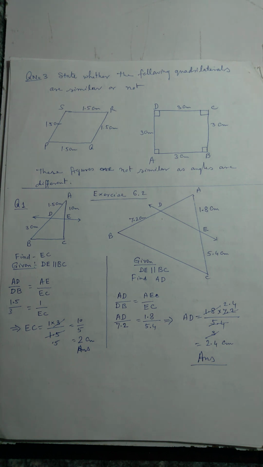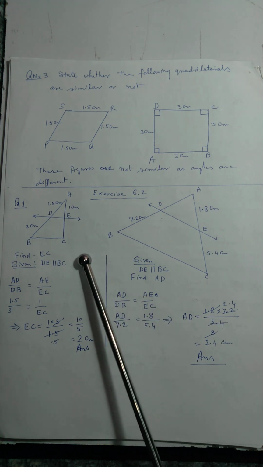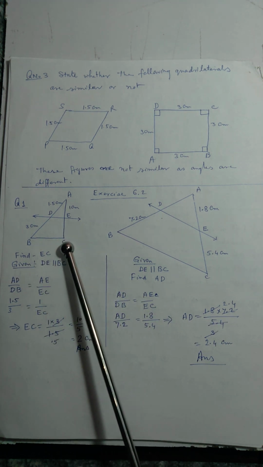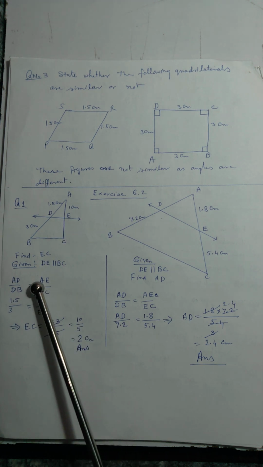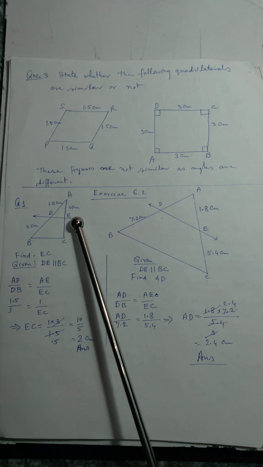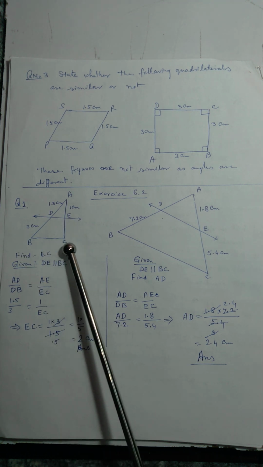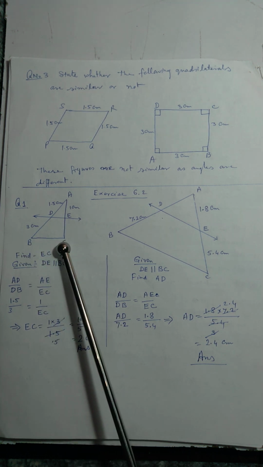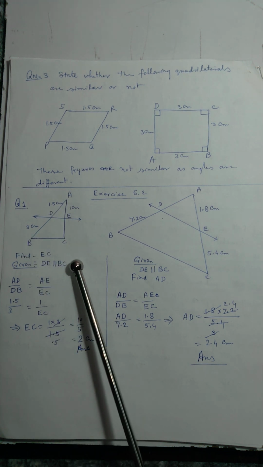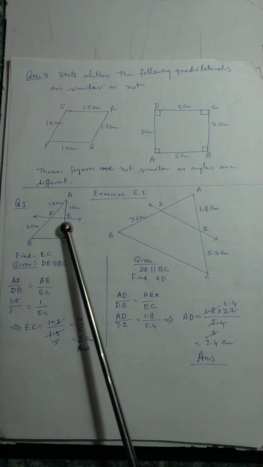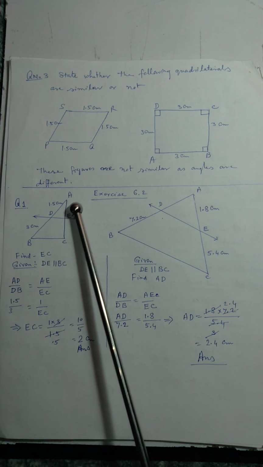You see question number 1. You see the figure. Here we have to find EC. The line DE is parallel to the side BC. Therefore, the sides AB and AC will be intersected by DE in proportion.